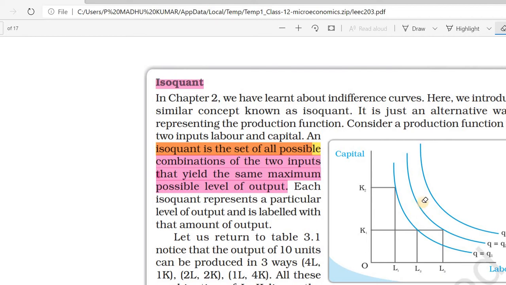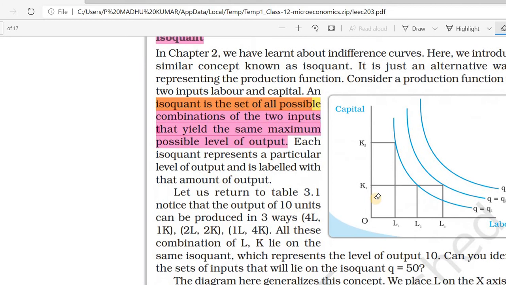Land we will use, machines we will use, these things we are calling capital. In this x-axis we are measuring the labor. In the case of the indifference curve, on the x-axis we take one good and another good on the y-axis. Same like that, in the isoquant we are taking the two factors of production.